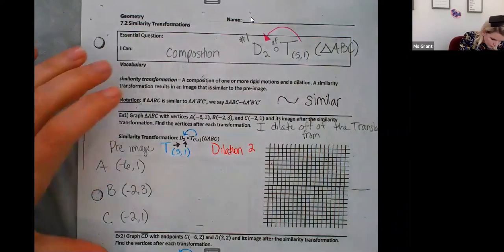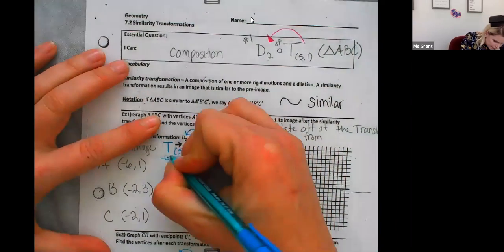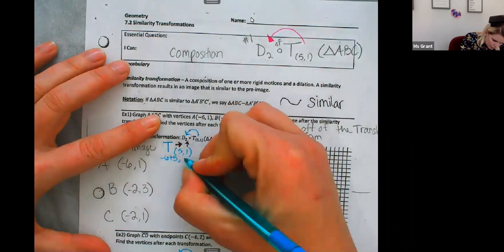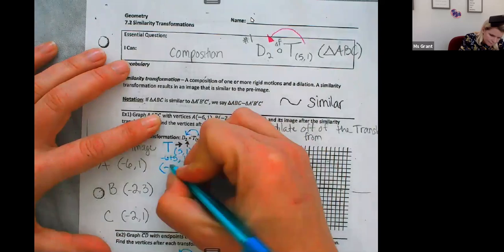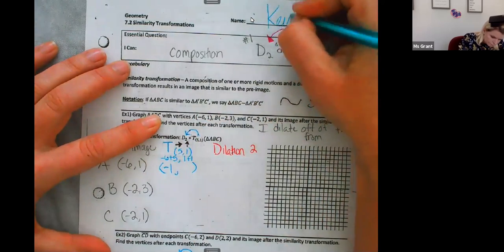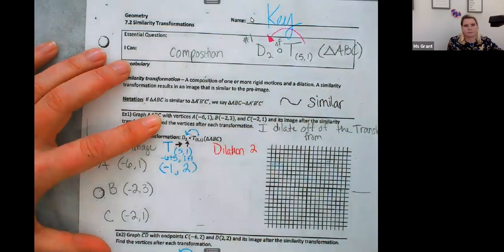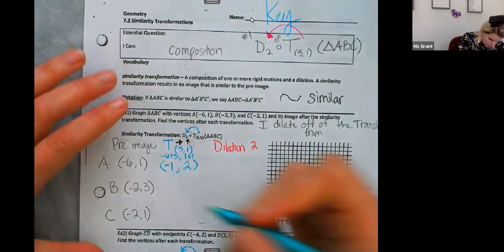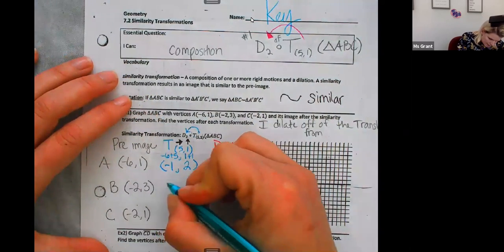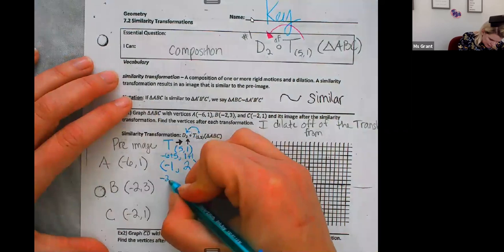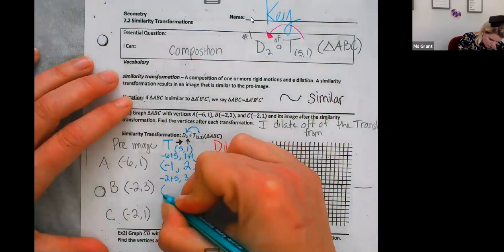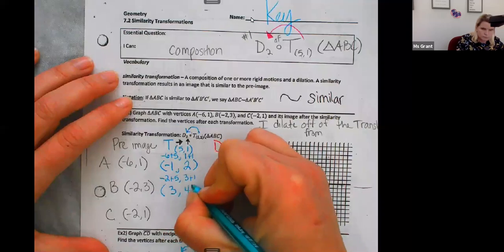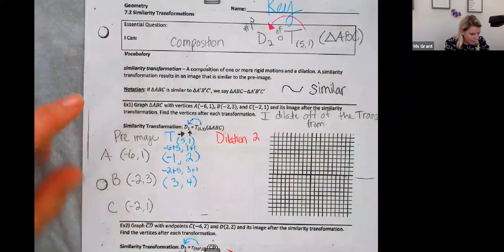So -6 plus 5, comma, 1 plus 1. -1, 2. -2 plus 5, comma, 3 plus 1. 3, comma, 4. Right? I'm going from my original.